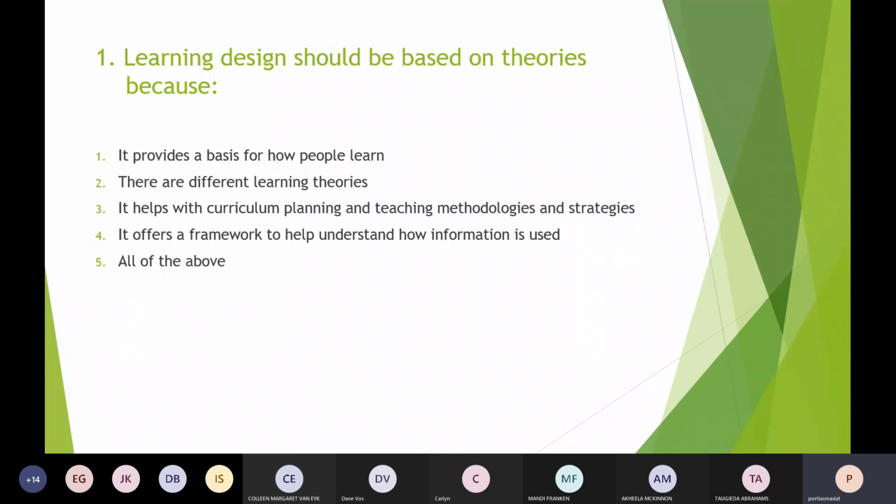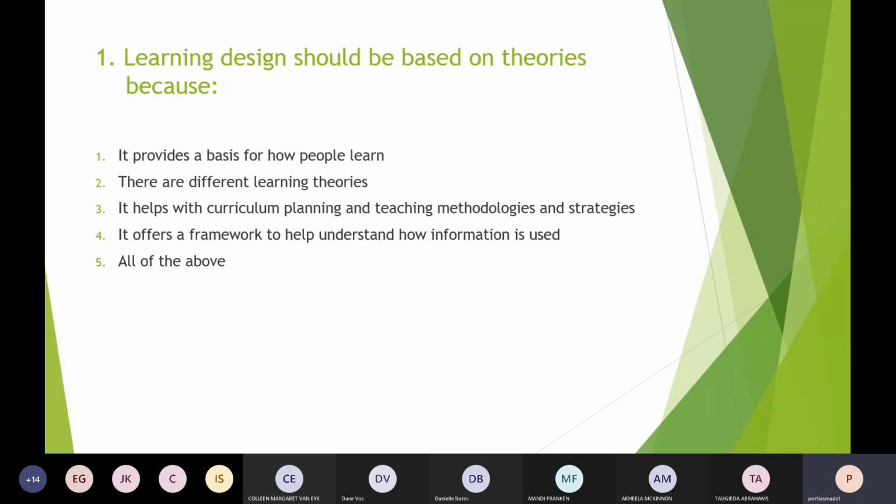Anyone else like to add to that? Thank you, Colleen. Critical and social theory. Danae, thank you for that. I would say cognitive learning theory. Cognitive learning theory, yes. Anyone else would like to add to that? Multiple intelligences. Yes, thank you, correct.